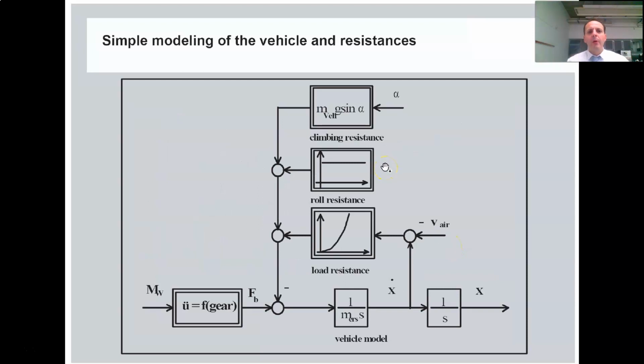So a simple model of the vehicle can be represented in this picture.